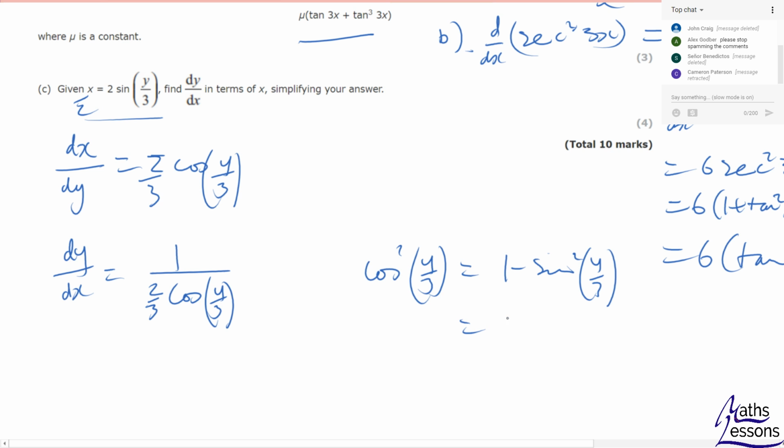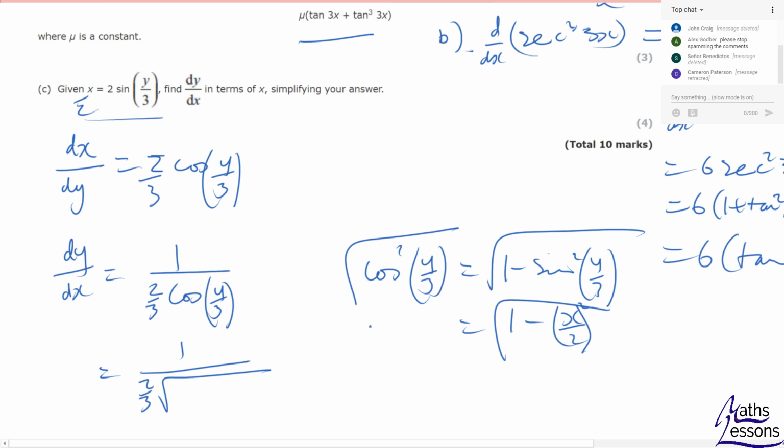So therefore that's just equal to 1 minus x over 2 all squared. Because sine y over 3 is equal to x over 2, and then you square that, you get x over 2 all squared. So this is equal to 1 over 2/3. Now if we square root this, then we just get cos y over 3. So therefore we get 1 minus x over 2 all squared.